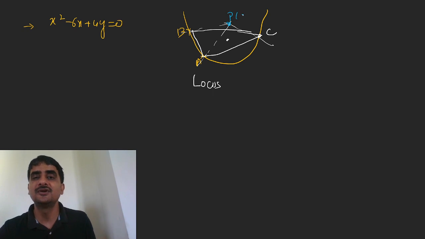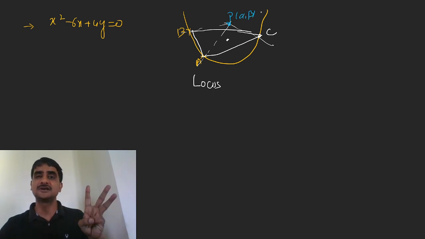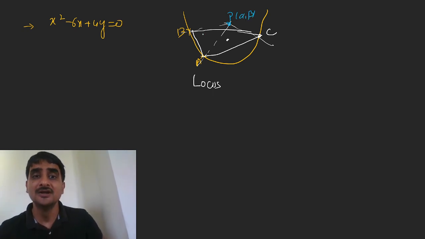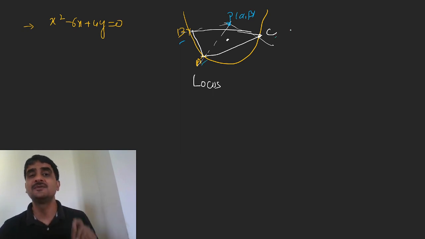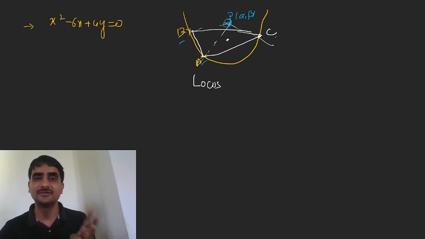Consider this as the point alpha comma beta. 3 normals are drawn from this point to the parabola. A, B, C are the feet of the normals, and we should remember the property that if a triangle is obtained by joining the 3 feet of the normals which are concurrent at a point, its centroid always lies on the axis of the parabola.